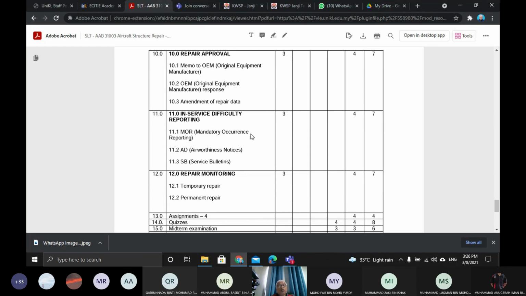If any issue of continuing cracks or punctures continues, which is not able to be addressed by the repair doubler, we have to have a system where we study those continuing problems. And then repair monitoring: we need to monitor the repair and continuously inspect it. So we learn how to determine the inspection limitations and repair in chapter 12.